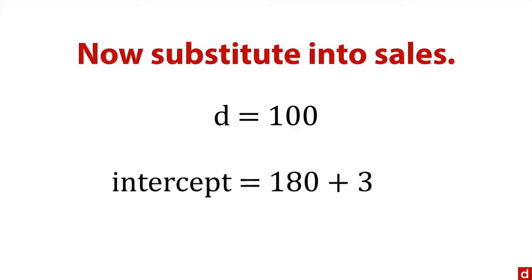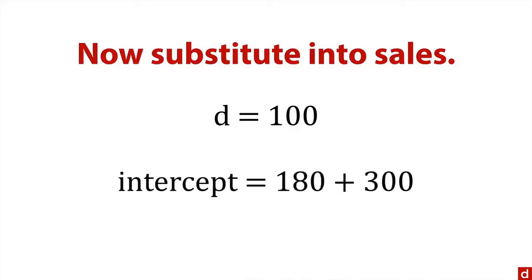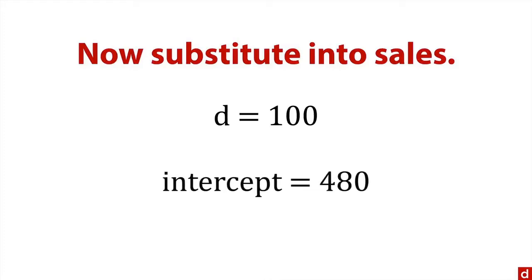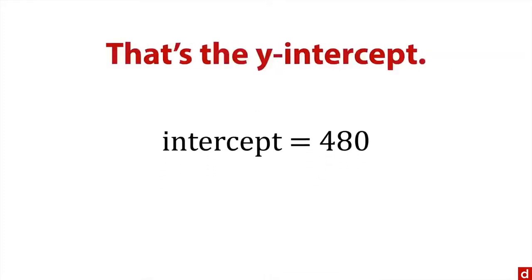So 3 times 100 is equal to 300. Add those together, and you get 480. That is the y-intercept in our equation. So when price is 0, the expected sales is 480. Of course, that's not going to happen in reality, but it's necessary for finding the slope of the line.